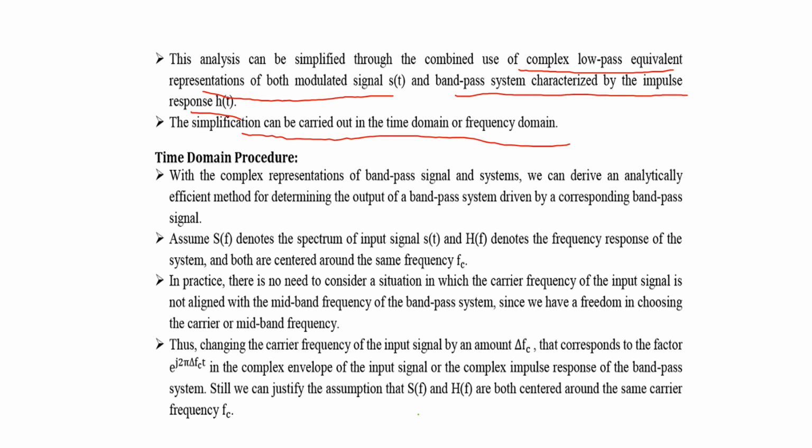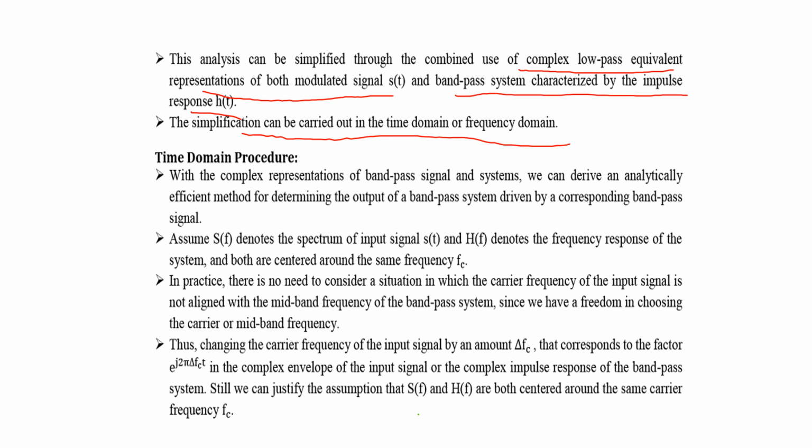Both are centered around the same carrier frequency Fc. So practically there is no need to consider the situation in which the carrier frequency of the input signal is not aligned with the midband frequency of the bandpass system, since we are going to consider the midband frequency as Fc.